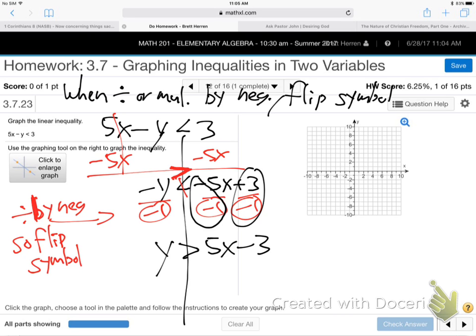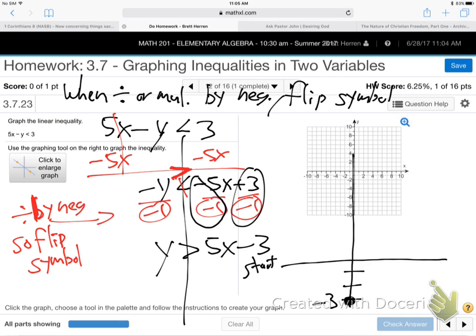All right, now, can you graph it? So where do we start? Start at -3. Right?